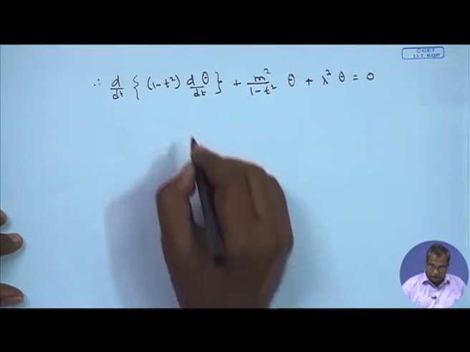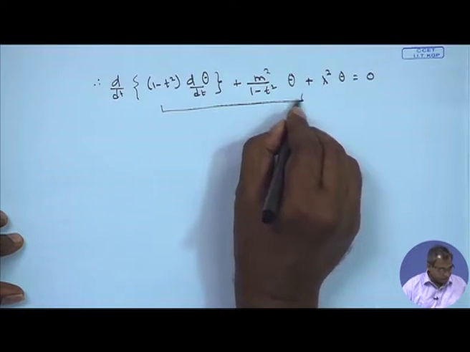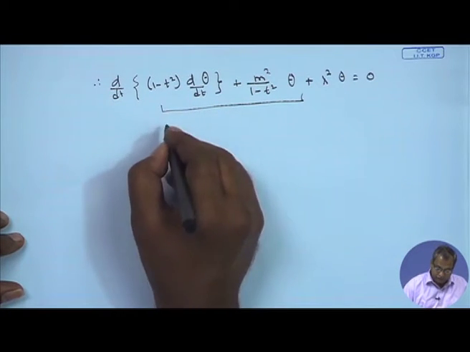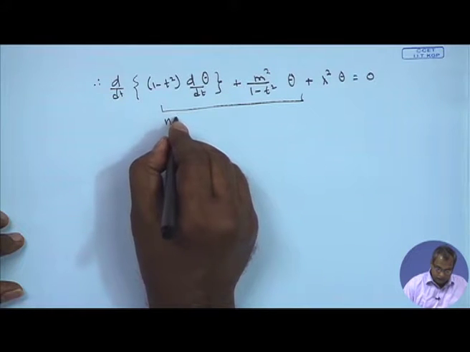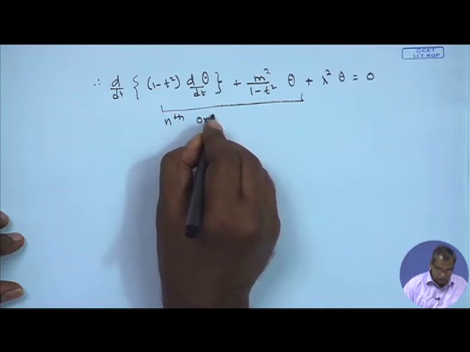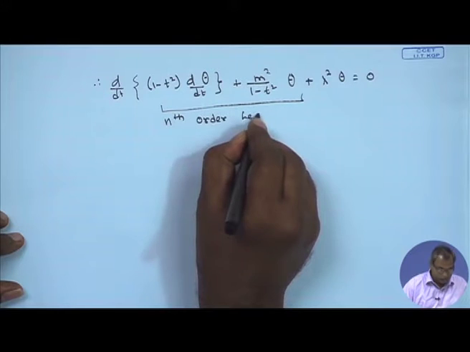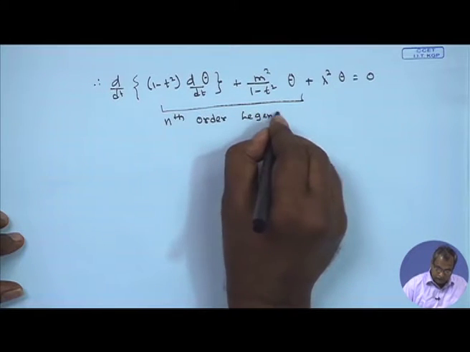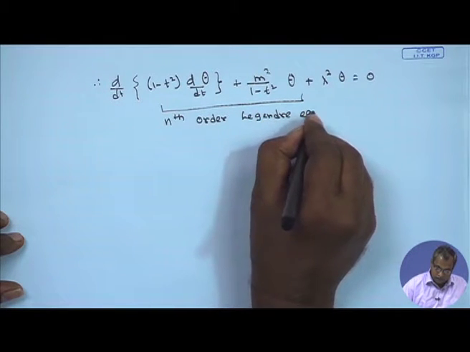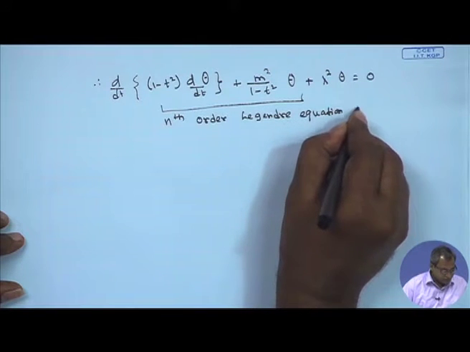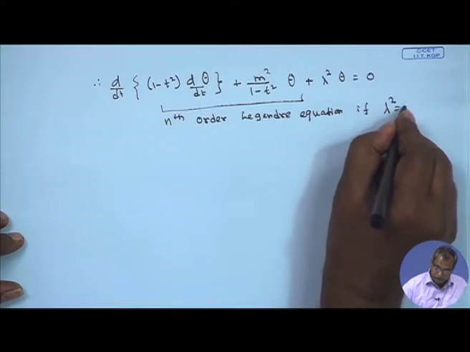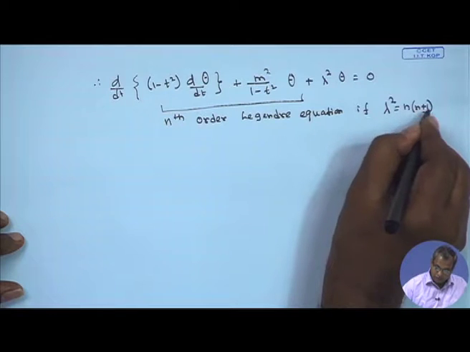Now, this is nothing but the Legendre equation of nth order if lambda square is equal to n into n plus 1.